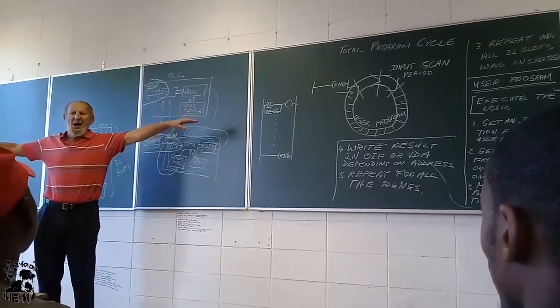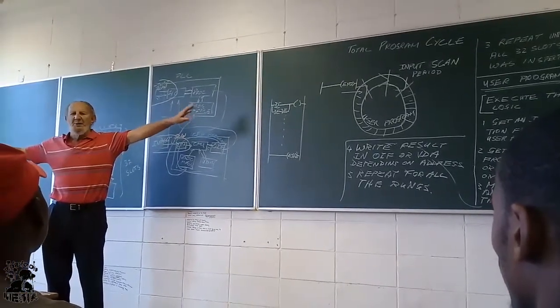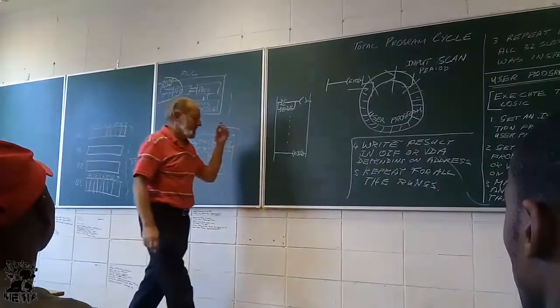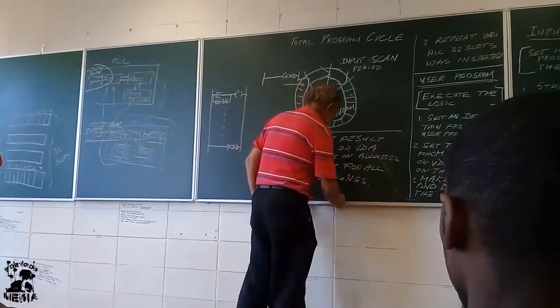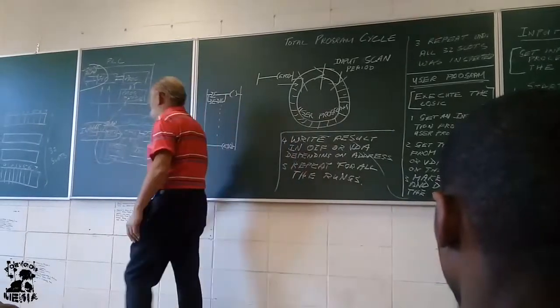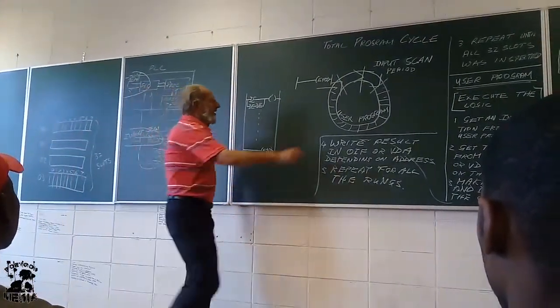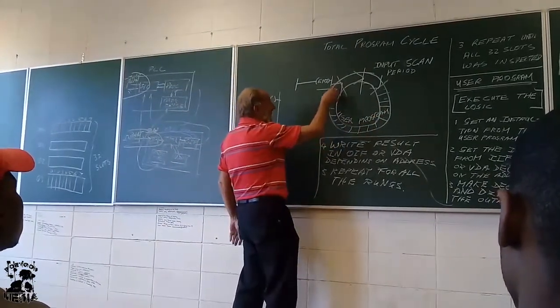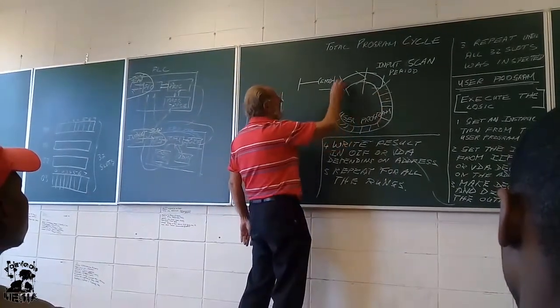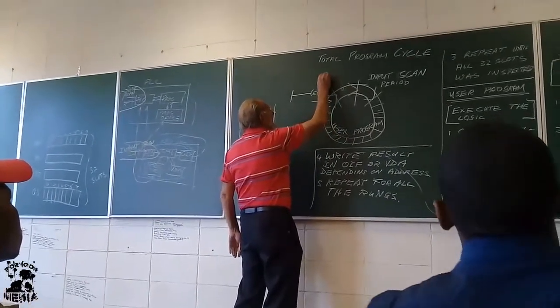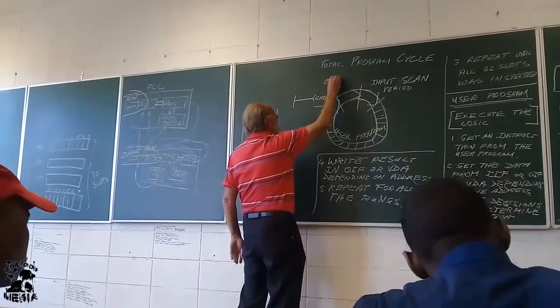If there's any change on an input, it will not know about it. It just performs the logic from the input section. Then, the last part. So now we've dealt with the user program, and this last part is the output scan.